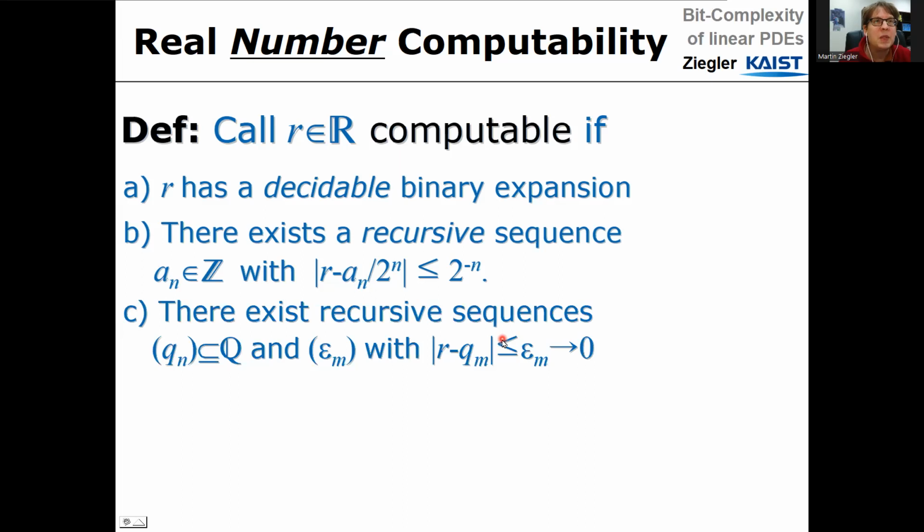And the third reasonable definition is approximating with arbitrary rational fractions, not restricted to powers of 2, but arbitrary. And also the error bound may be arbitrary as long as it tends to 0 and as long as it is computable, recursive. And notice that all these definitions pertain to the discrete setting, namely here we talk about outputting integers encoded in binary.